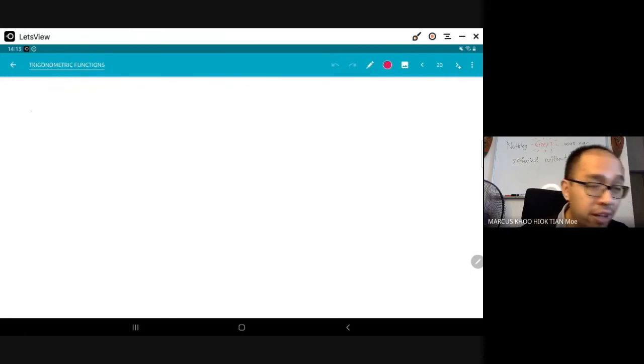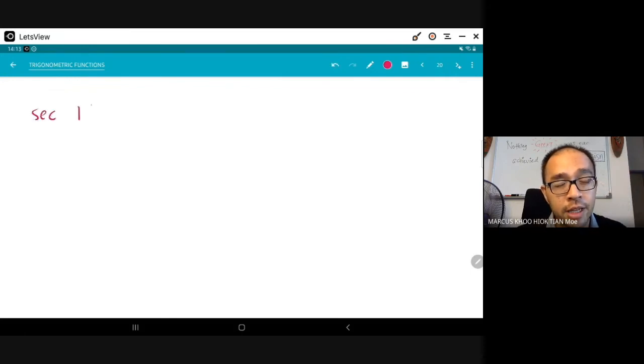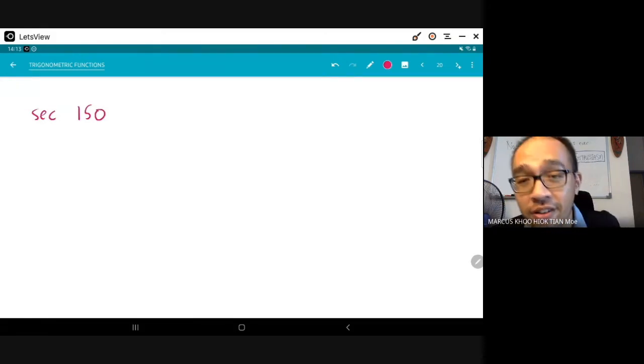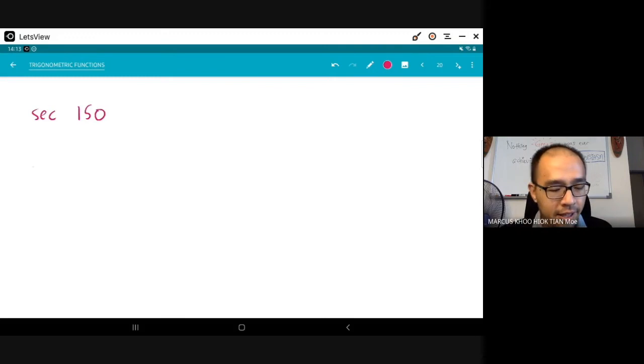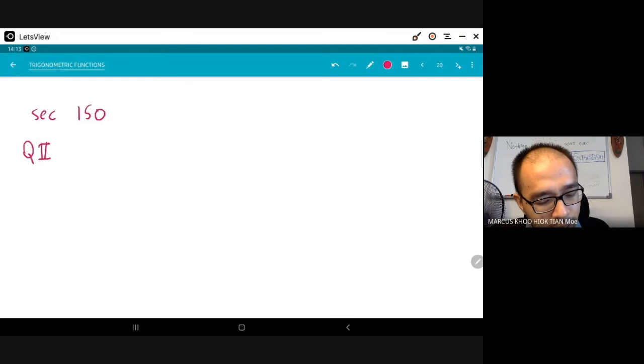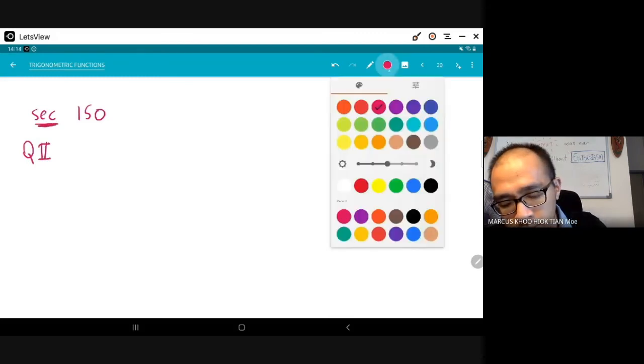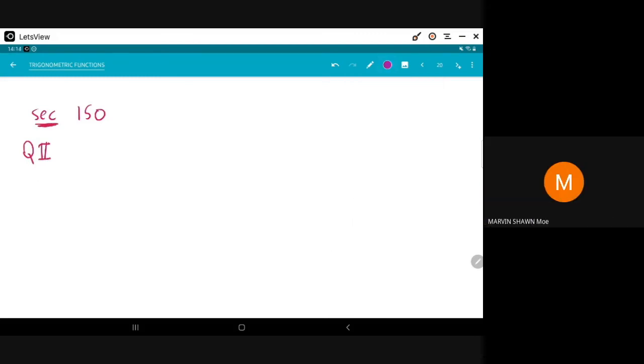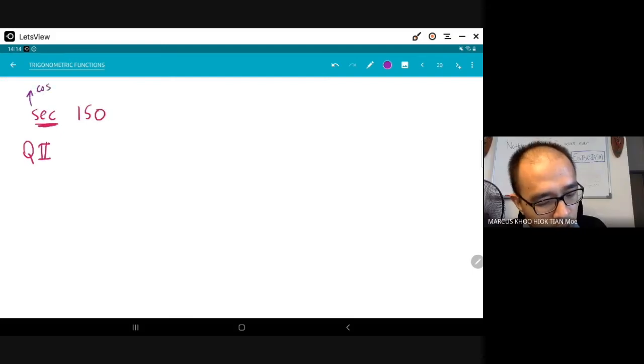Find for me secant 150 without using the calculator. Secant 150, which quadrant is this? Quadrant 2. Secant, who is the friend of secant? Cos. In quadrant 2, is cos positive or negative?